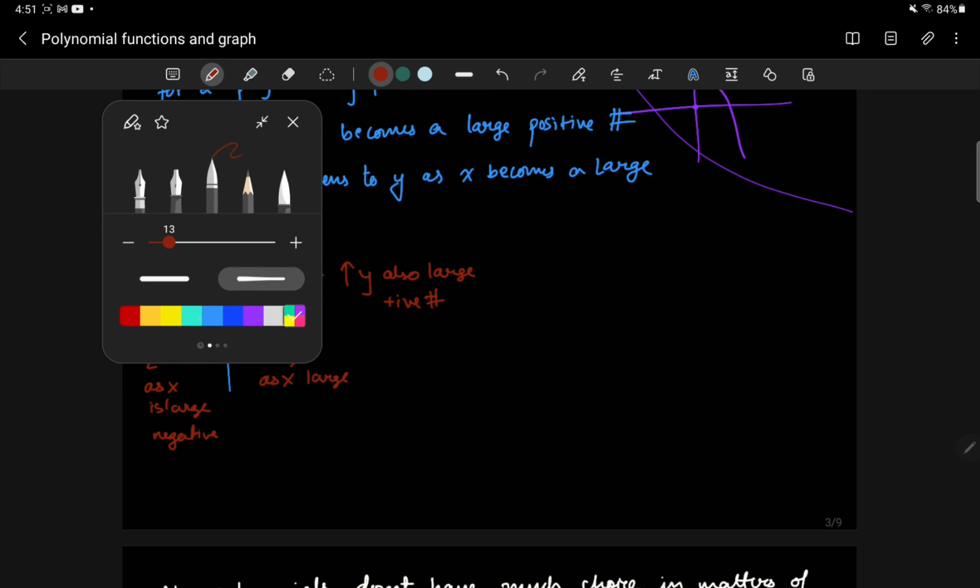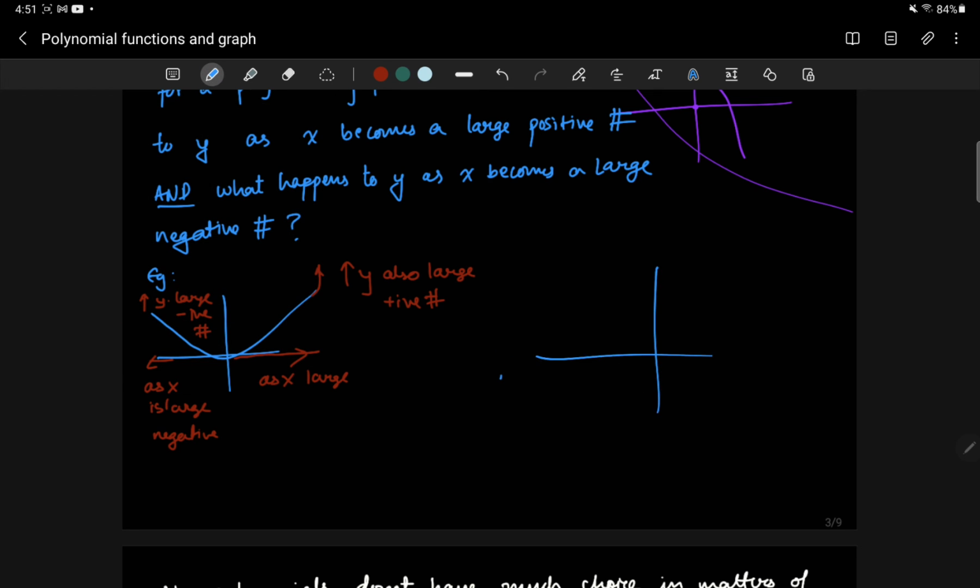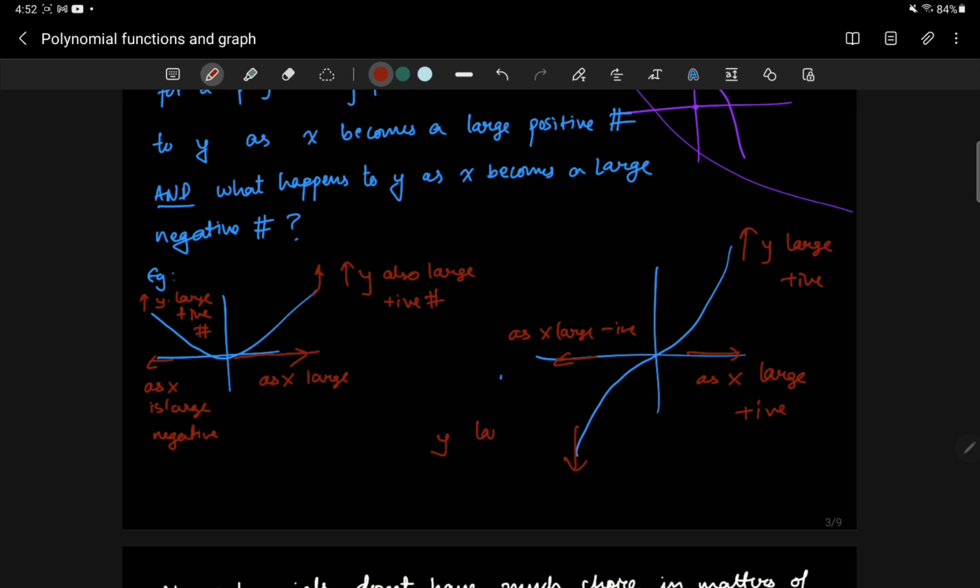So that's called end behavior. Now if I have a graph like that, then as x is large positive, y is large positive. Oh, this should be positive here. As x is large negative, y is also large negative. So these are the two possibilities.